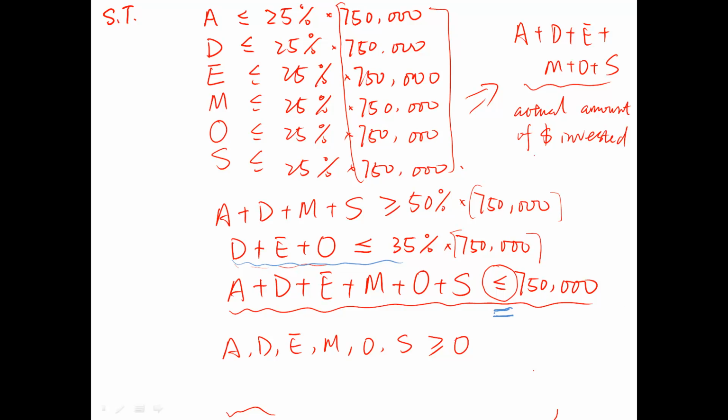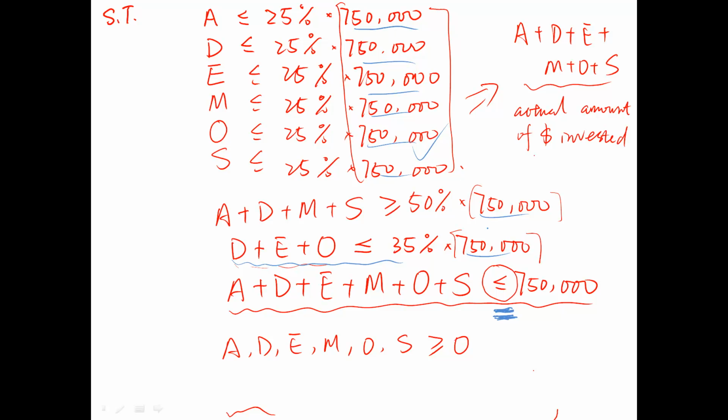So if this one is changed to an equal sign, then these ones will be good to use, because we are saying we are investing $750,000, and these restrictions, like the total amount invested, is just 750.